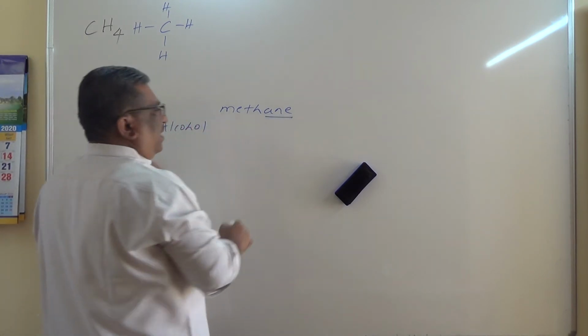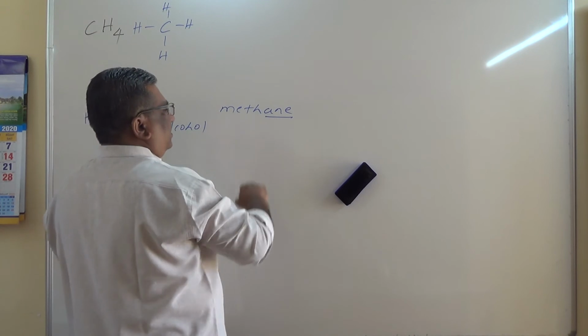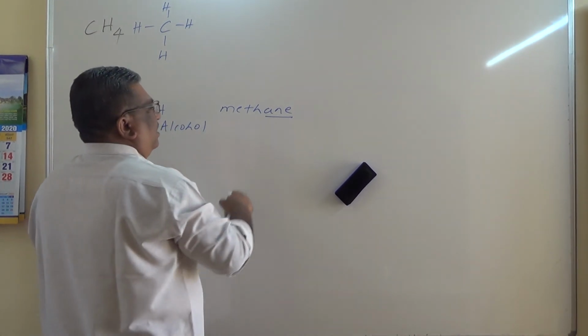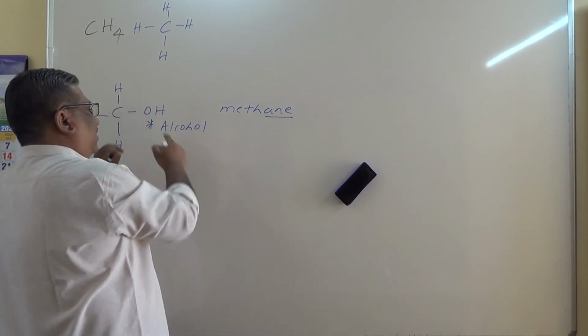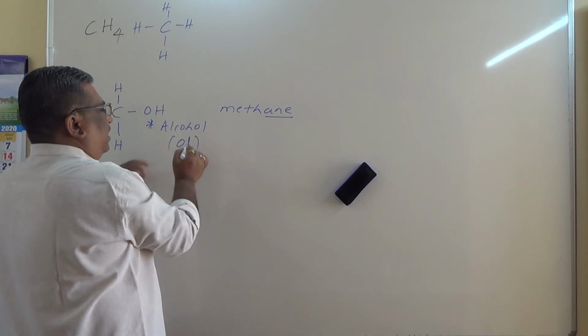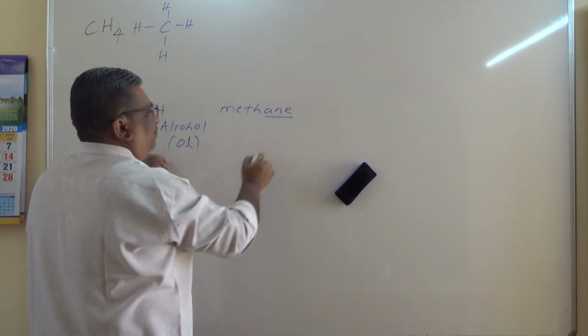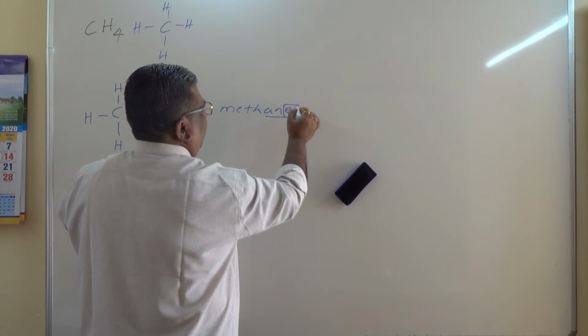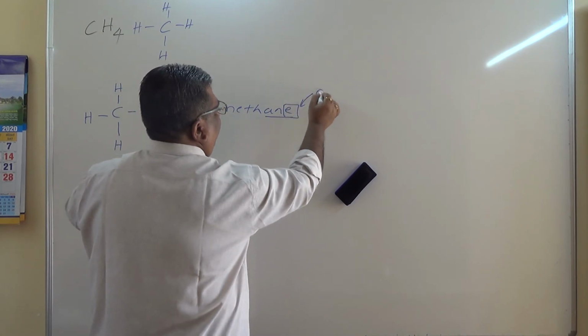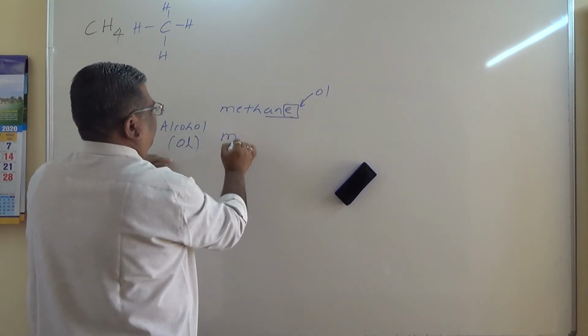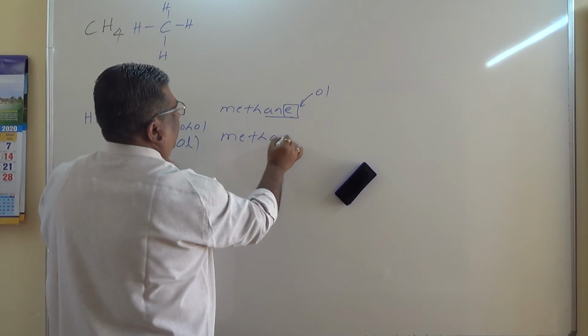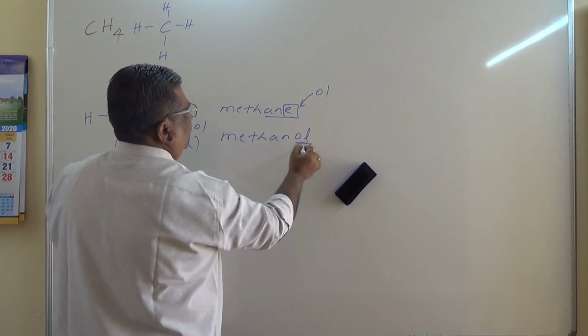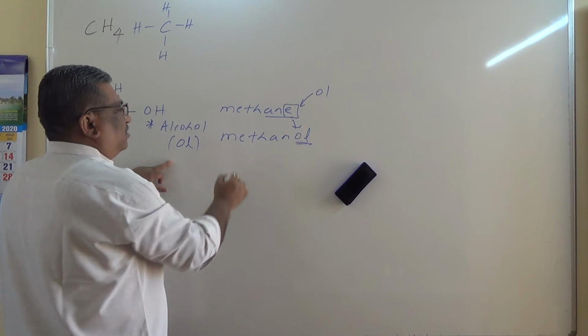Ane is the primary suffix, and secondary suffix, in order to add OL, it is for hydroxyl group, that is OL is to be replaced with E here. This E is replaced with OL. So this becomes methanol, which changed this E with OL. So methanol.